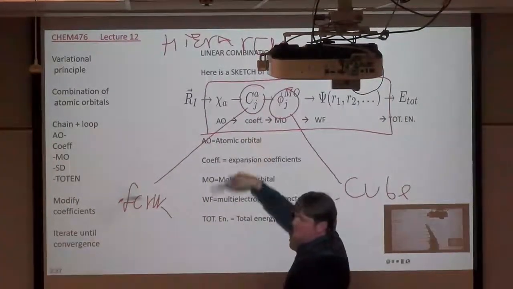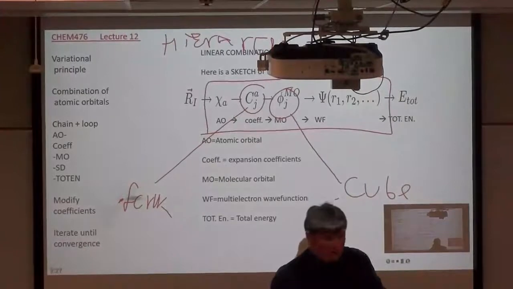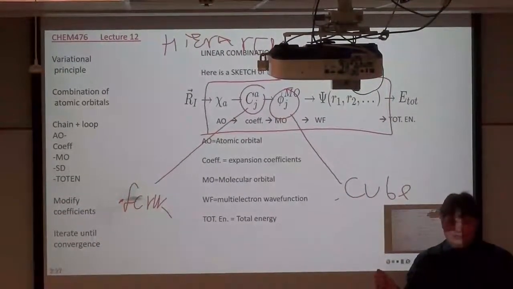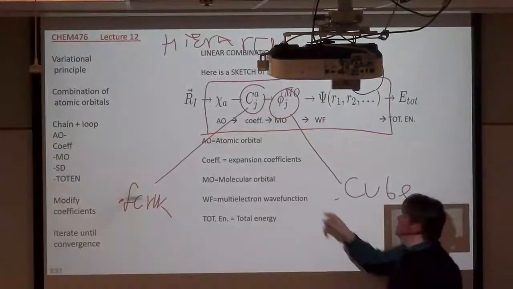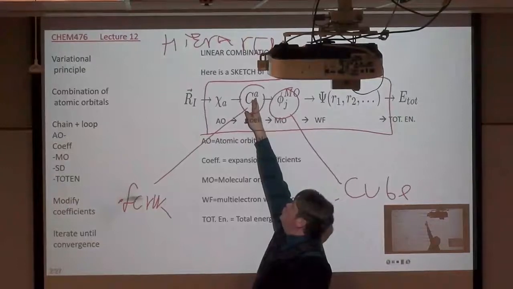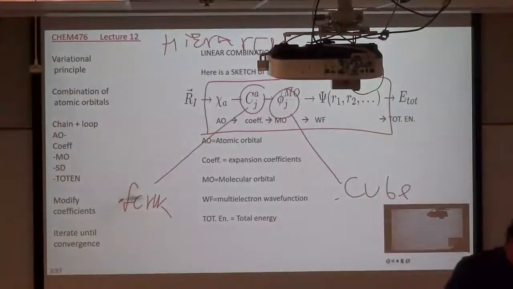So the only thing that we can tweak, we can tune, are the expansion coefficients of molecular orbitals over atomic orbitals. So we do need an equation to find this C sub j with superscript of all atomic quantum numbers.